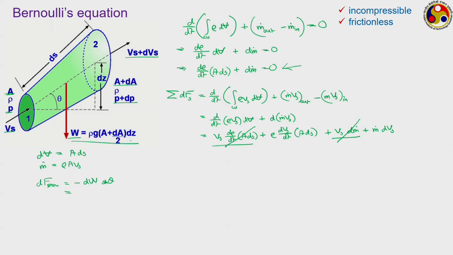Again assuming dA to be extremely small compared to A, we can approximate this as rho g sin theta into the volume, which is A ds, and accordingly we can write this as rho g A dz, where dz refers to the change in elevation from the inlet to the outlet opposite to gravity. dz is equal to ds sin theta, which gives us this relation.